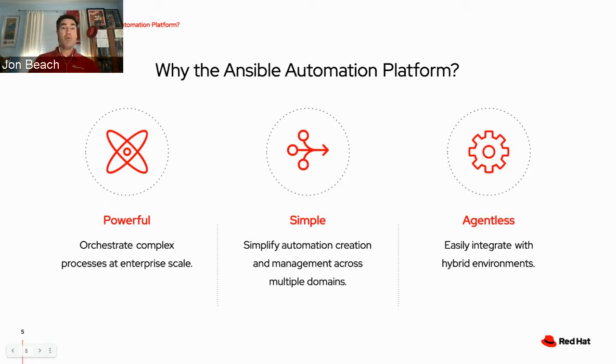Like I said, we've talked about networking, and we're going to talk about Windows today. Again, we can use it in multiple environments. It's agentless, right? We're not installing an agent on this device and worrying about that agent being compromised at a later time or having to upgrade that agent, things like that. And you know what? Ansible is simple.